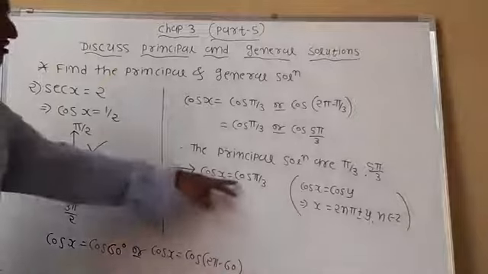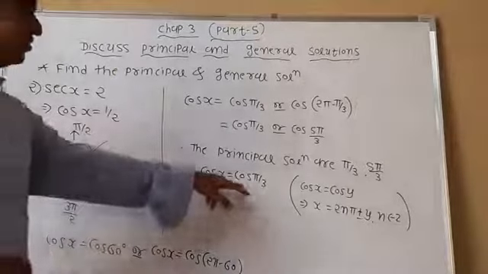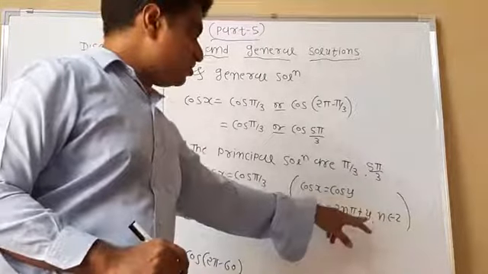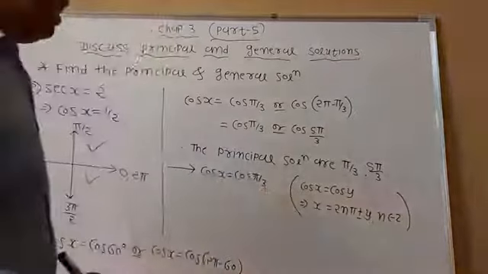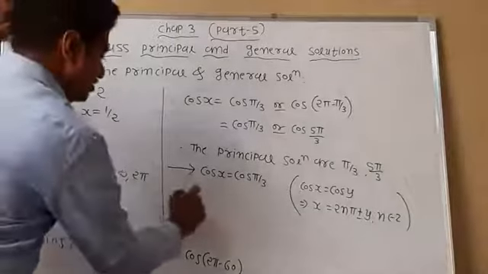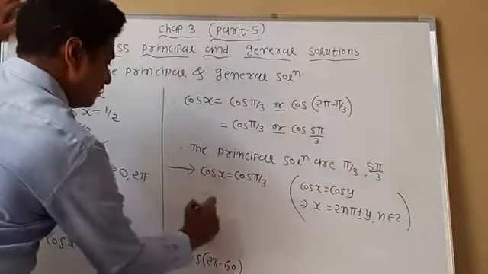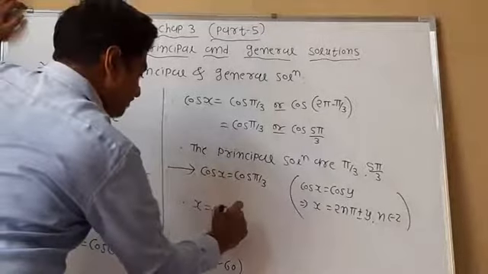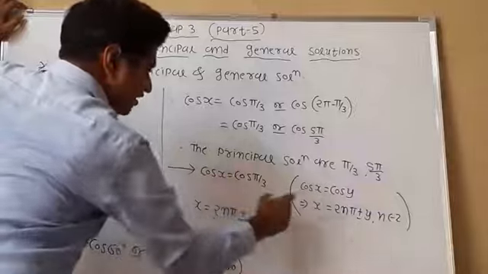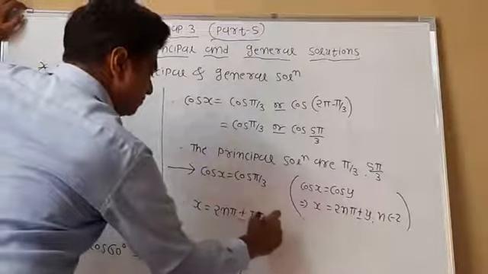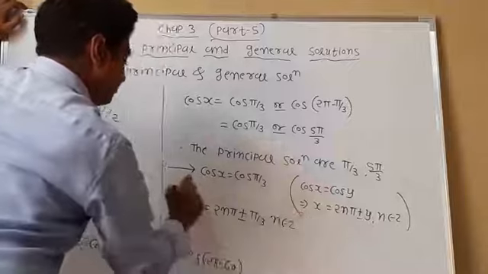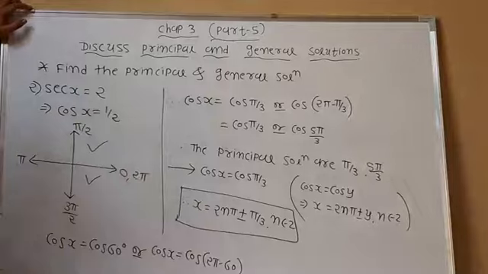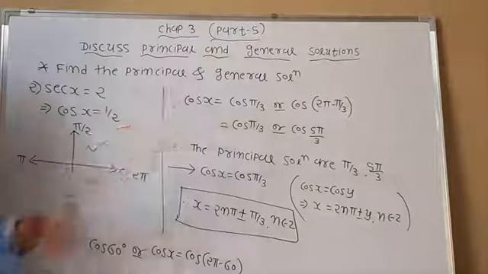So here cos x is equal to cos y is present. So here we can write x is equal to 2n pi plus minus y, in place of y only written pi by 3. So here we get the general solution of this equation. So x is equal to 2n pi plus minus pi by 3, small n belongs to z. So this solution is our general solution and this value is our principal value.